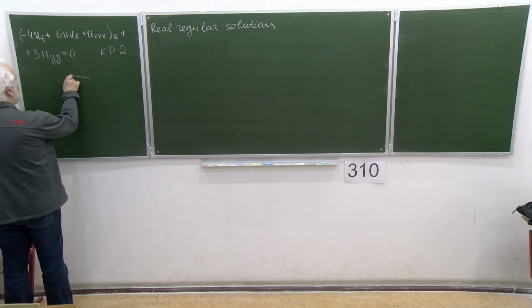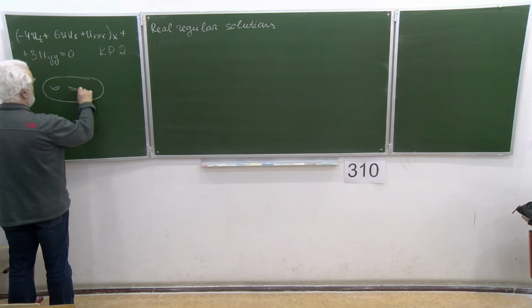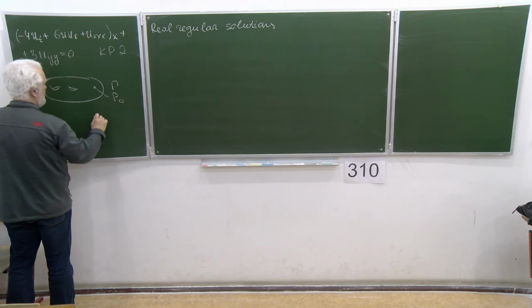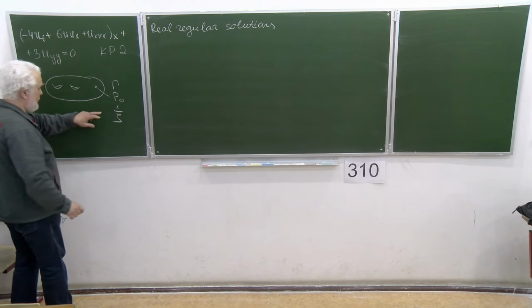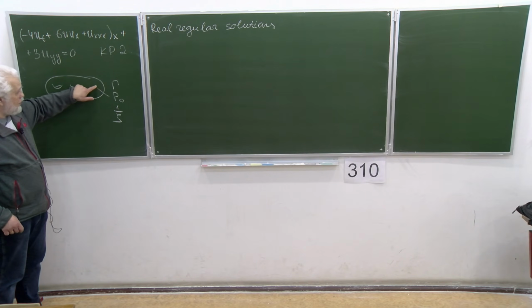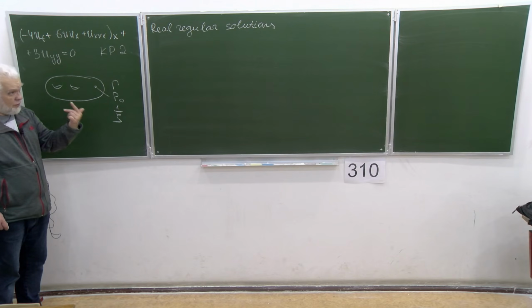Assume that you have a Riemann surface, an algebraic Riemann surface gamma, with a marked point P0 and local parameter 1 divided by zeta. I prefer to use zeta, a function defined locally in the neighborhood of P0, and it has a first order pole.